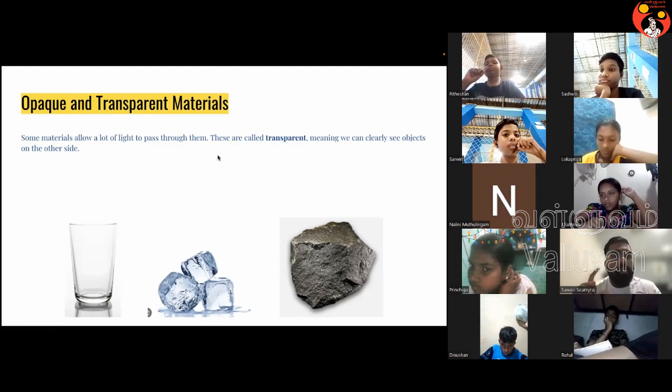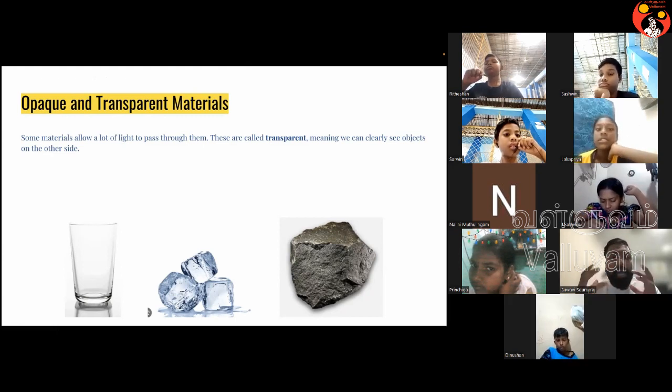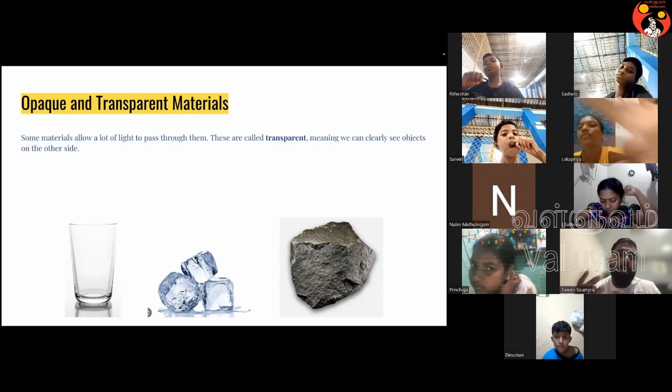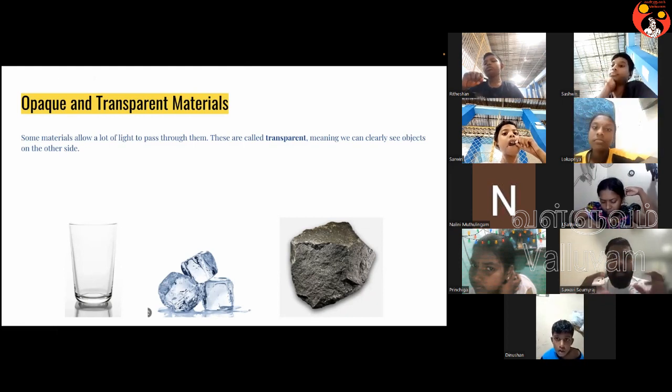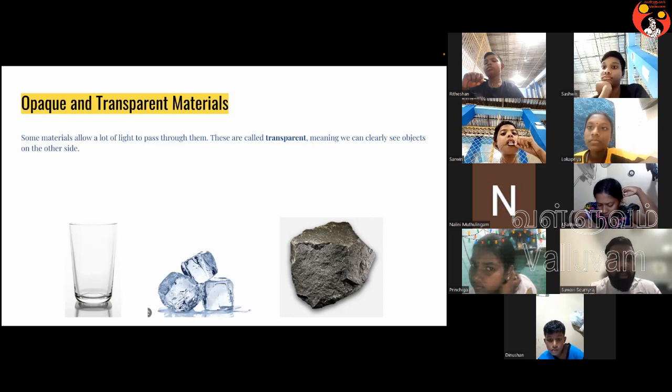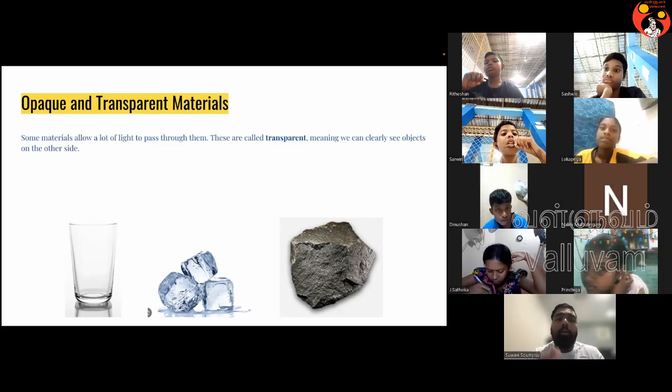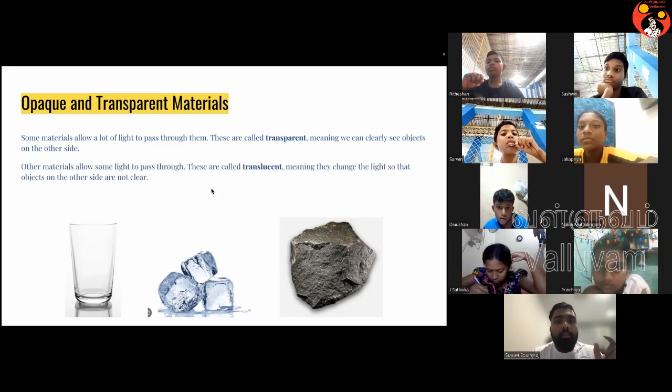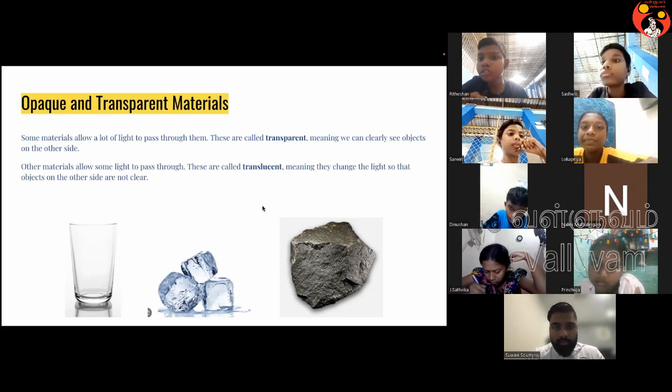So it's the glass. Now, ice can also be transparent depending on how the ice is made. You guys might have seen videos where people make very, very clear ice, right? And in that case, yes, it is transparent. But in other scenarios, the ice can be translucent.